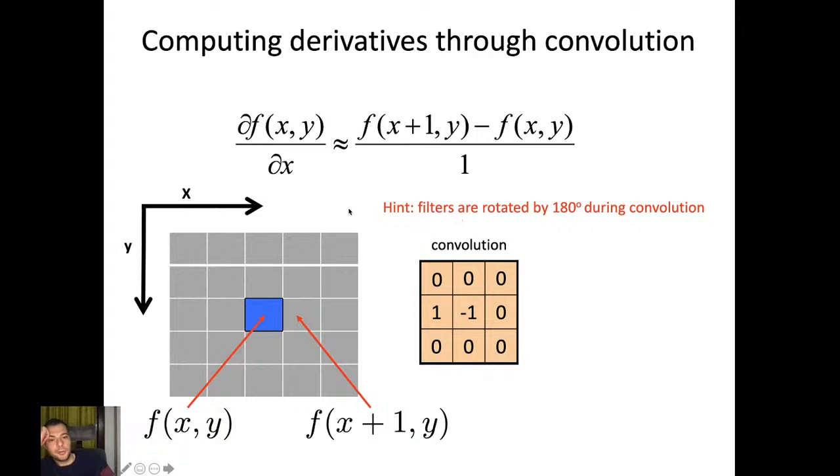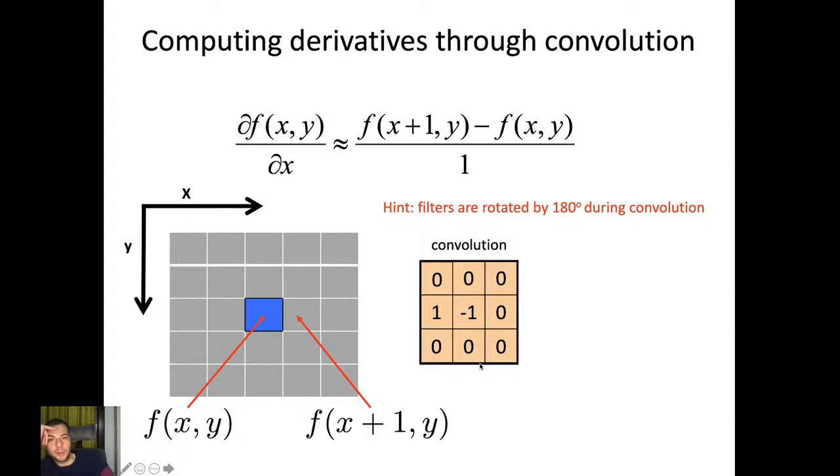And to give you a hint, we also have to remember that filters are rotated by 180 degrees during the convolution operation. In the correlation operation, we do not do this rotation. So this is the difference between convolution and correlation.